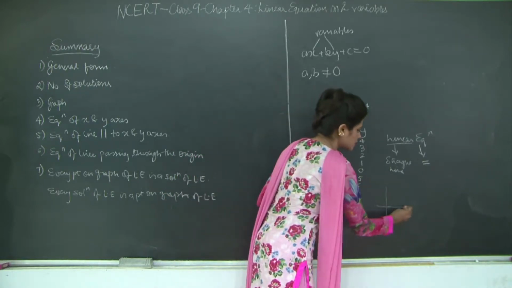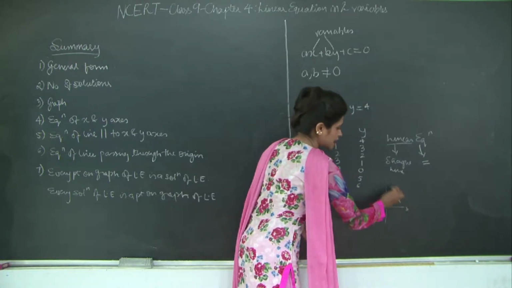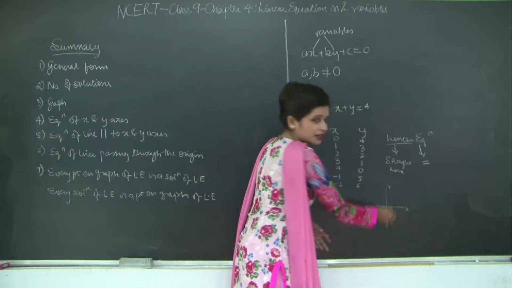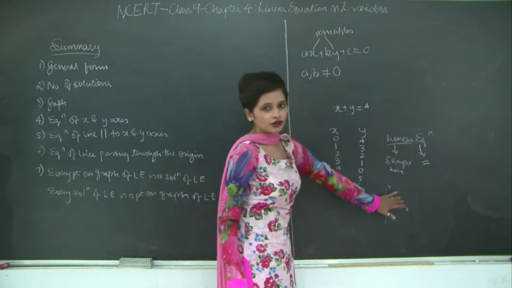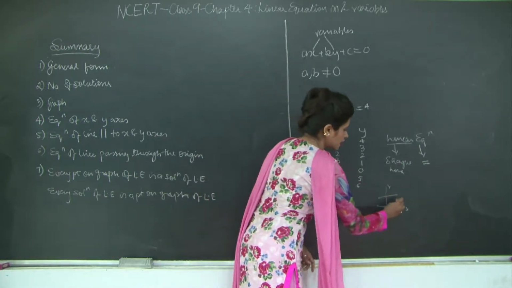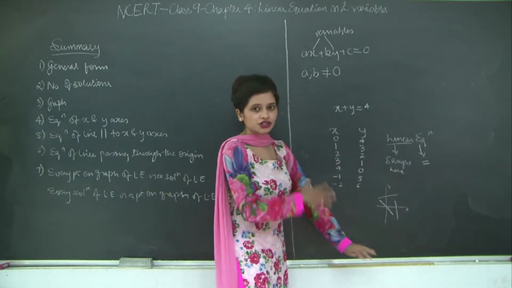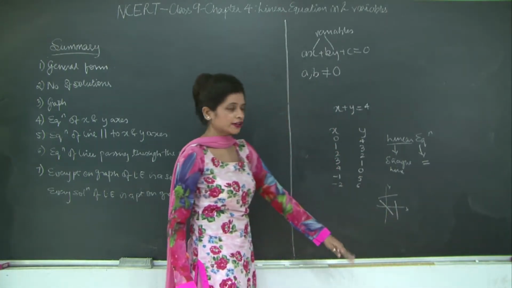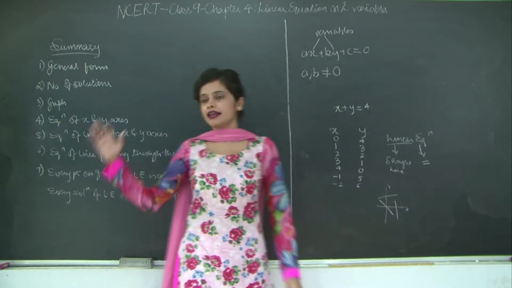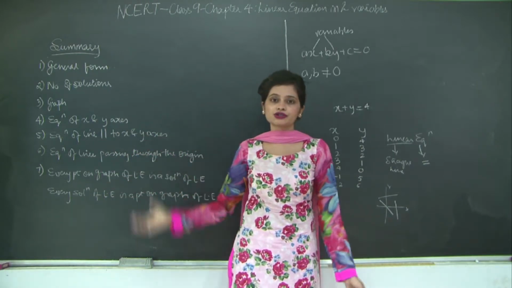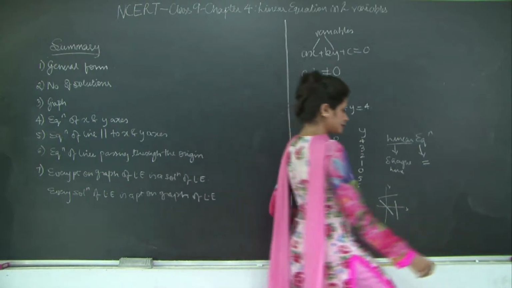So your Cartesian plane is where you have your x and y axis. This is your x axis, this is your y axis, and your line could be in any of the quadrants. It could be this, it could be this, it could be this, any, right? I'm just giving you an overview, so I'm not really marking coordinates, but this is just for your understanding. The graph of linear equation in two variables is going to be a straight line.